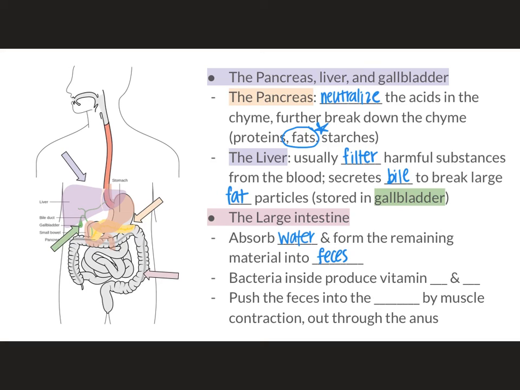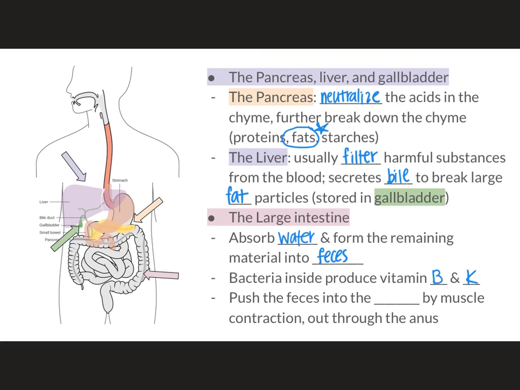Inside of the large intestine, other than those two things, you'll have bacteria living inside to produce vitamin B and vitamin K. And when the bacteria produce those vitamins, your large intestine will absorb them so that you can use them for your body.